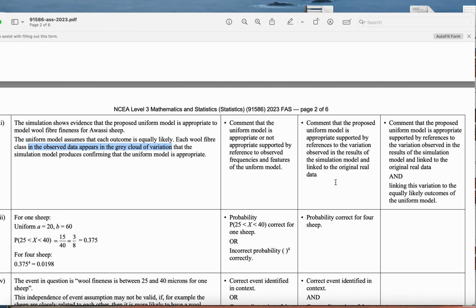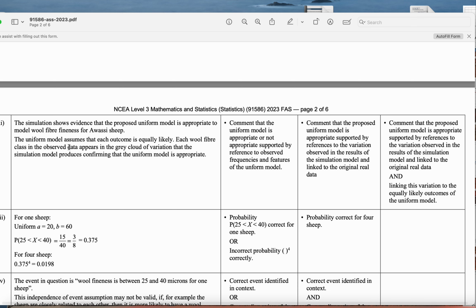So if we go to the mark scheme, this is how they've written it. A simulation shows evidence that the proposed uniform model is appropriate, okay, and then they give the context, always add the context, so it's to model that wool fibre. The uniform, so we do a little bit of an assumption here, they're equally likely.